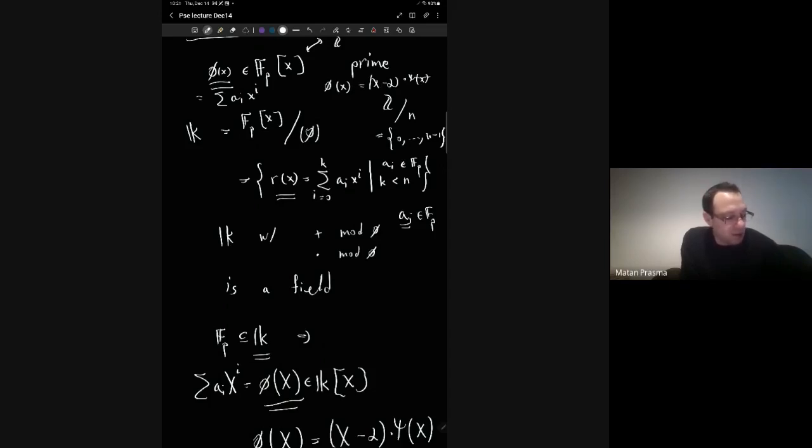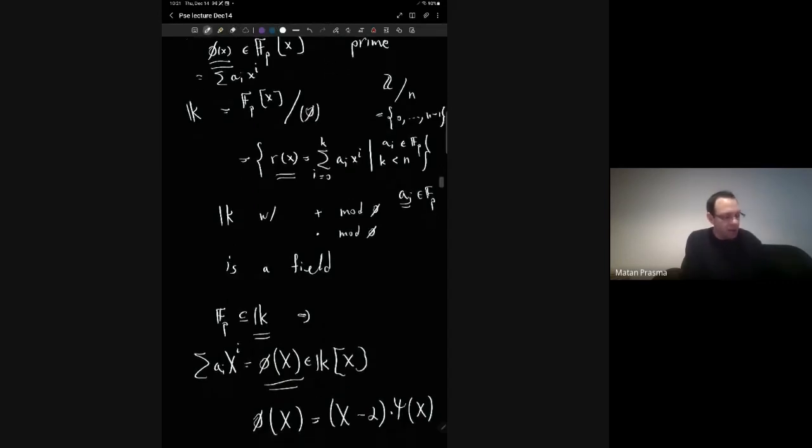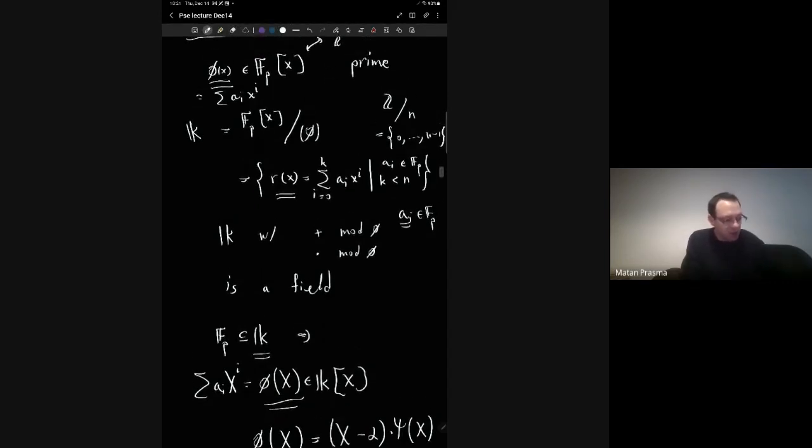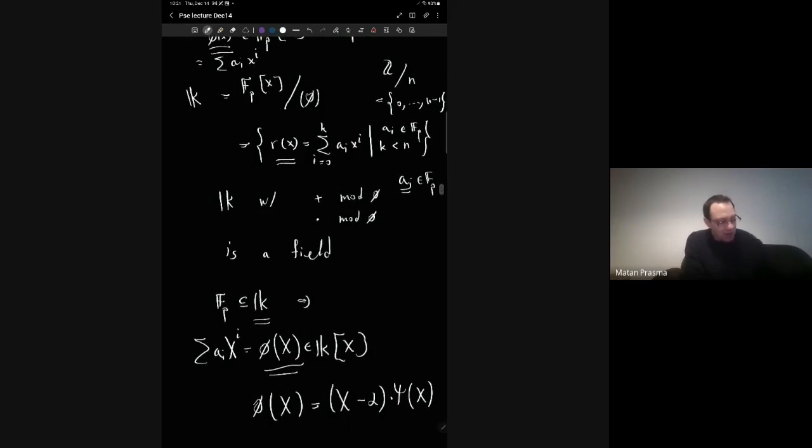So I went to this construction, and suddenly I have a root. But once I can find one root, I can basically repeat the same trick.